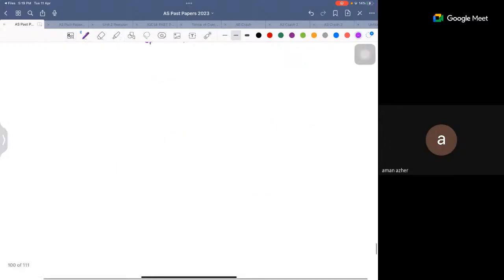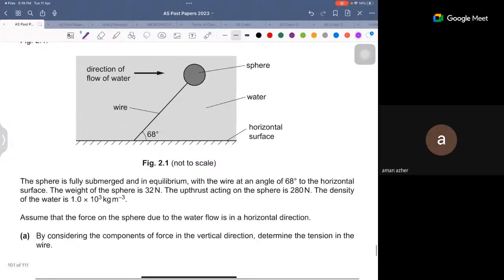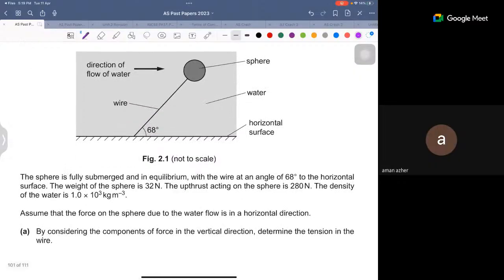So going to the next question then, in this one, there's a direction of flow of water. Okay, considering components of the force in vertical direction, determine the tension. So tension is a pulling force.